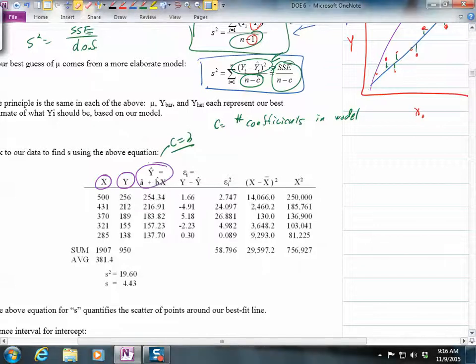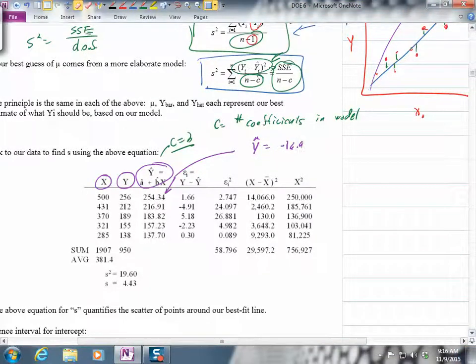Does that make sense? Does everyone see how we get this number right here? So we type into Excel, well, you don't type in the y hat to Excel, but you say minus 16.92 plus whatever that was times X. You put in 500 for X, and you get that value there.